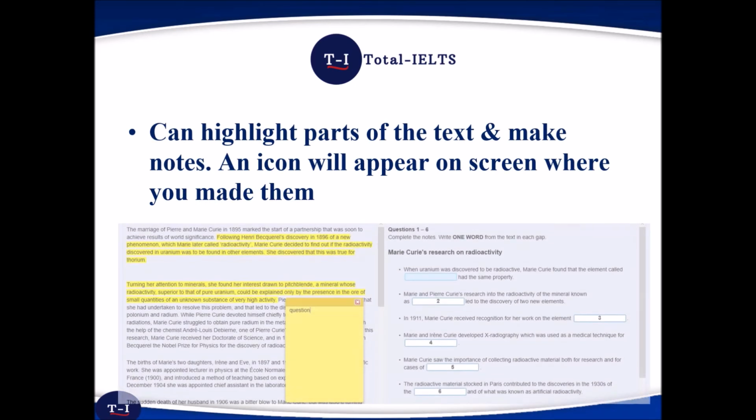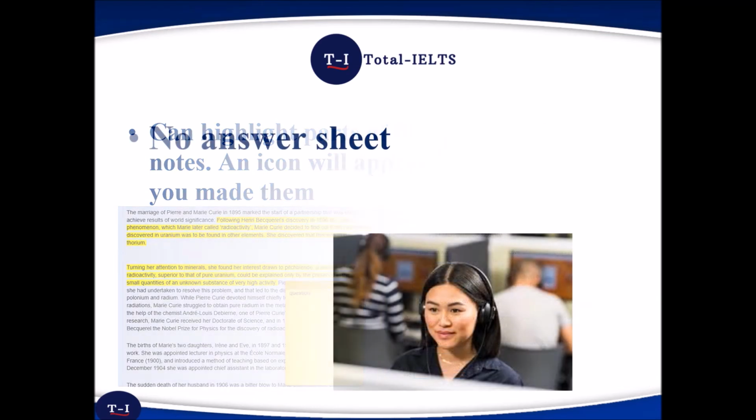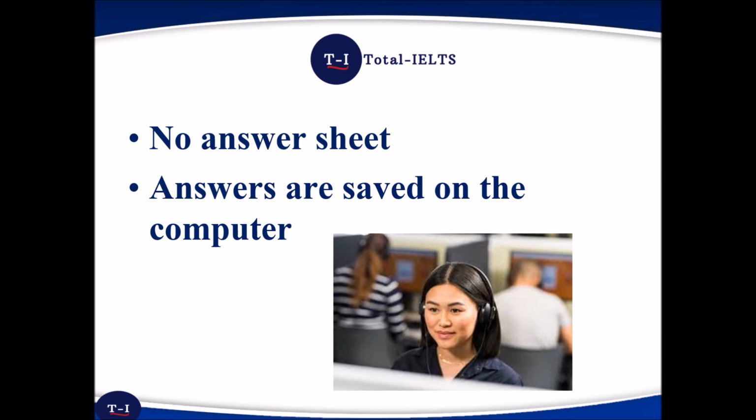You can also highlight parts of the text and make notes, and an icon will appear on screen where you made them. Of course, there's no answer sheet, and answers are saved automatically on the computer.